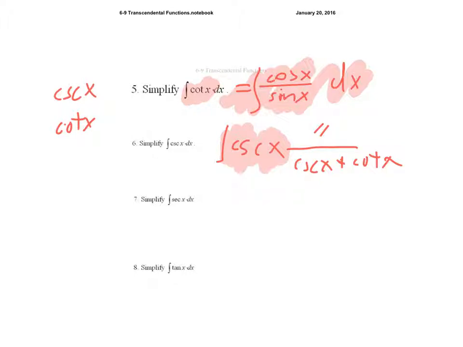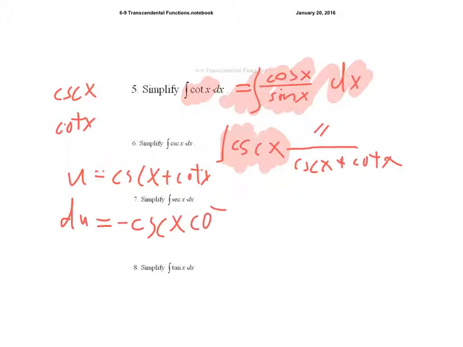So if I did this, I would clearly let u equal cosecant of x plus cotangent of x. When I take the derivative, I would end up getting negative cosecant of x cotangent of x. I like that a lot because I'm going to be multiplying the cosecant times the cotangent. And the derivative of cotangent would be negative cosecant squared of x. So virtually the same thing.